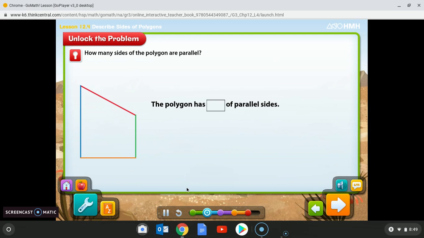So we don't say that there are 2 line segments that are parallel. We just call it a pair. So the polygon has 1 pair of parallel sides because there's 2 in a pair. Okay? So this is intersecting, this is perpendicular, and these two lines are parallel.